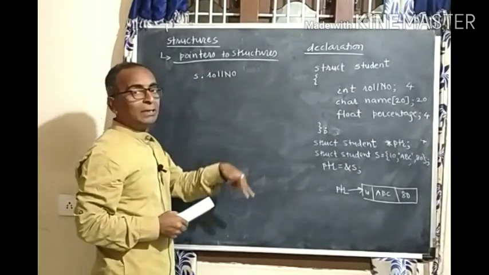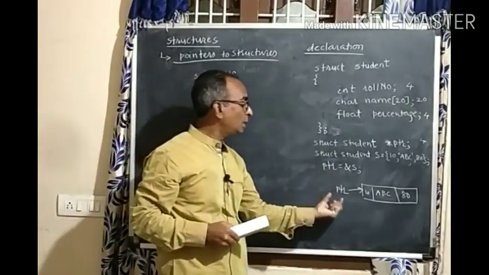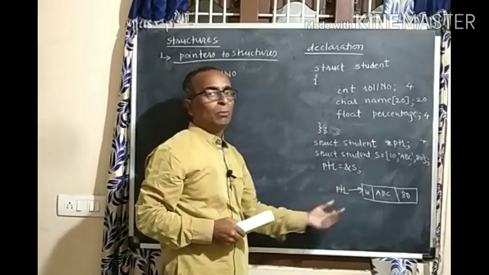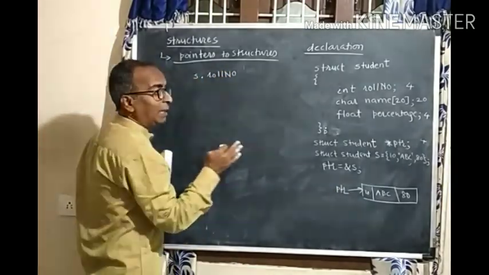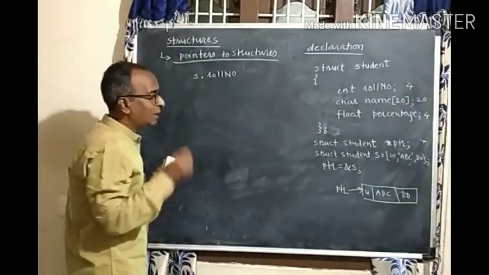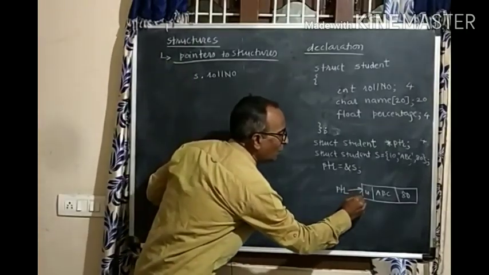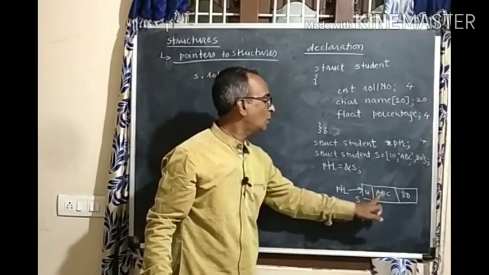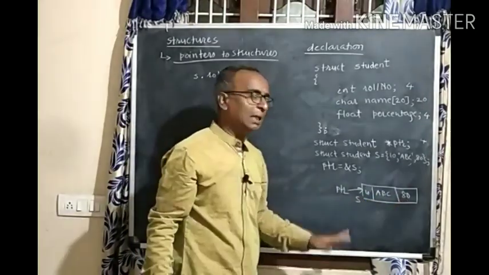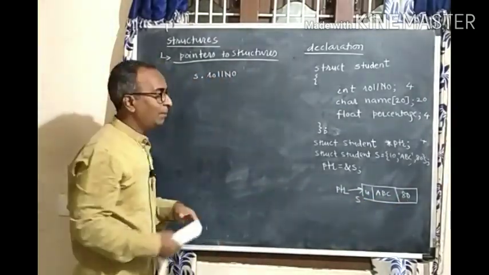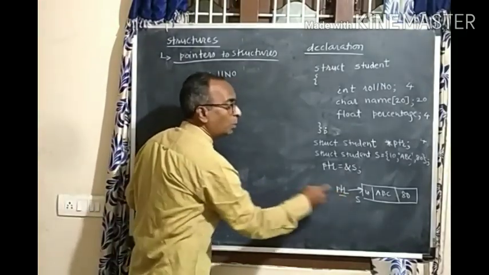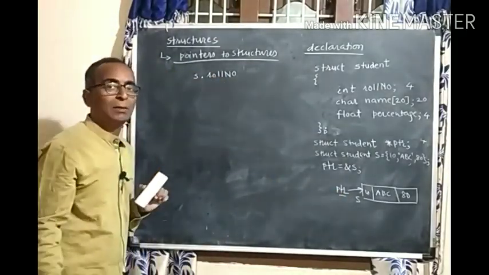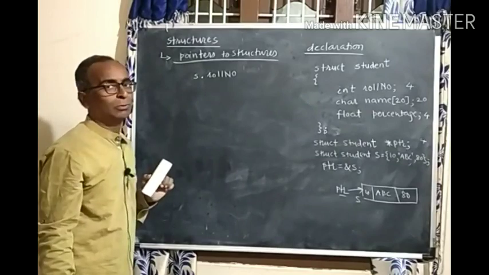But the indirect way through a pointer is also there. What is the indirect way? The name of this structure variable is S. S dot roll number, S dot name, S dot percentage you can access. But similarly, through a pointer you can also access the members indirectly.